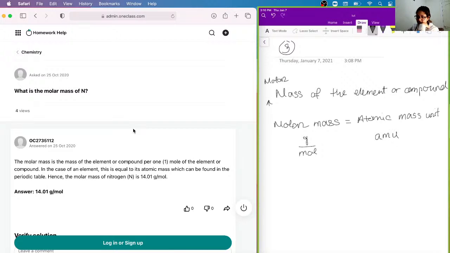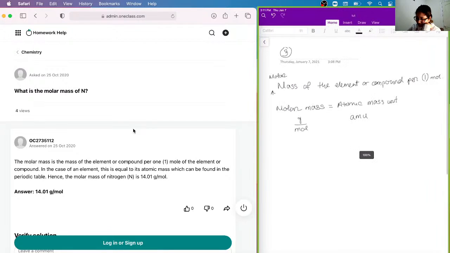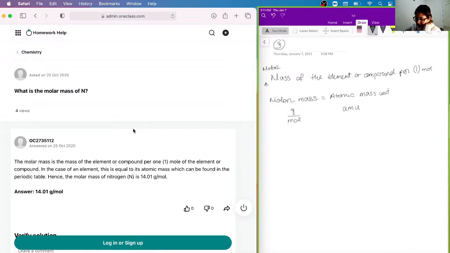Okay? And so basically, from the periodic table, the molar mass and the atomic mass, which is the same thing, is given for each element, but not compounds. So in this case, N is an element, right? So it is nitrogen.